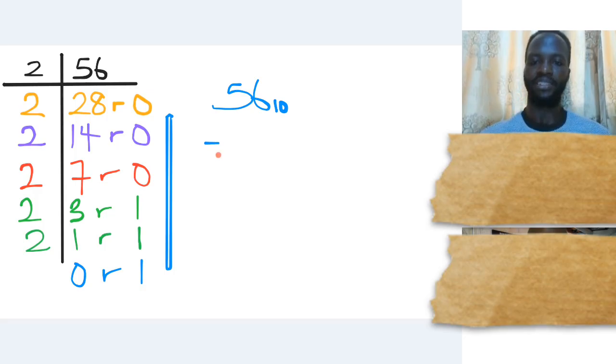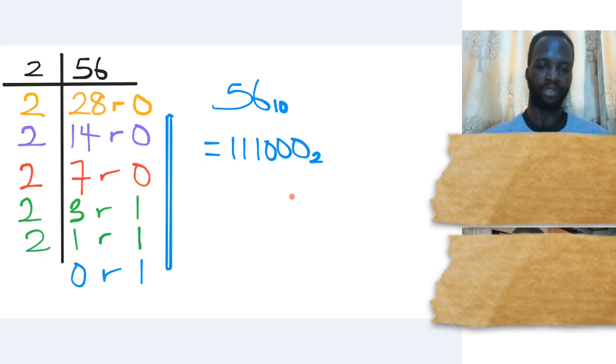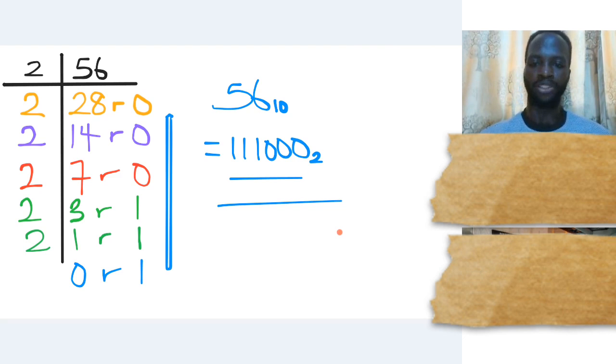Now 56 in base 10, from the ground to the top, is 111000 in base 2. So you write the base number as a subscript. So 56 in base 10 is 111000 in base 2.